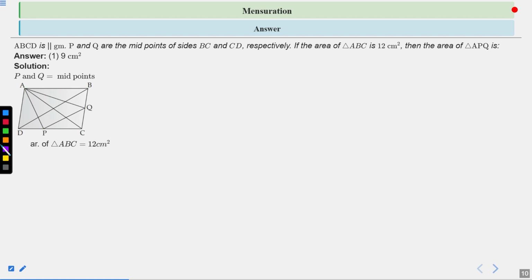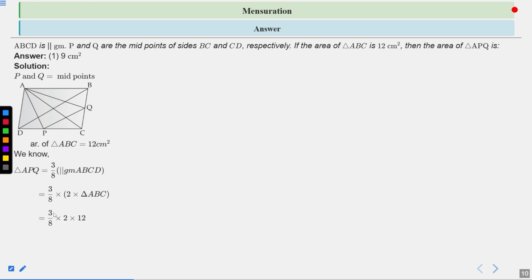Now we know that the area of triangle ABC is 12 square centimeter, which is half of the parallelogram. So we know that APQ becomes 3 by 8 of the area of the whole parallelogram. So the area of triangle APQ becomes 3 by 8 into 2 times the area of triangle ABC, because half is 12, so the total will be 2 times the area of triangle ABC.